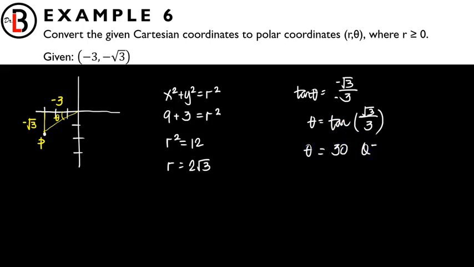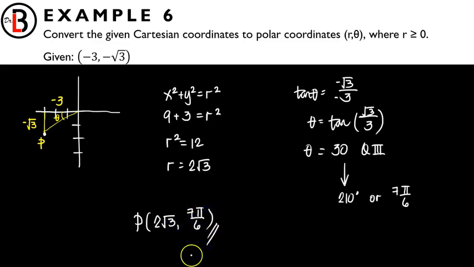But in quadrant number 3. So 30 degrees in quadrant number 3 is actually 210 degrees or 7 pi over 6. So that means the point is 2 square root of 3, 7 pi over 6. Okay? So I hope you understand this lesson.